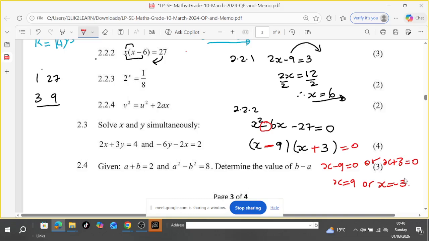Let me give you a chance to solve 2.2.3. Let me see what you can get. This is just 2 marks. It should take you 2 minutes. Can you work on it? Tell me what you get.